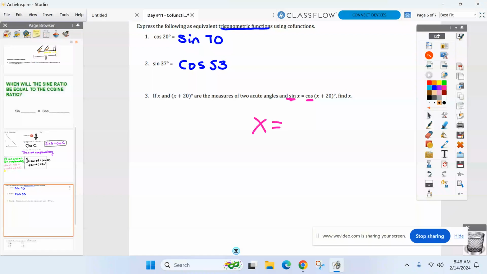That's not what we've been saying. We have been saying sine and cosine are only going to be equal to each other if their angles, x and x plus 20, add to 90. If I see sine and cosine equal to each other, time out. That only happens if the angles add to 90. So that's why we're setting them equal to 90 here. You can go ahead and solve now.